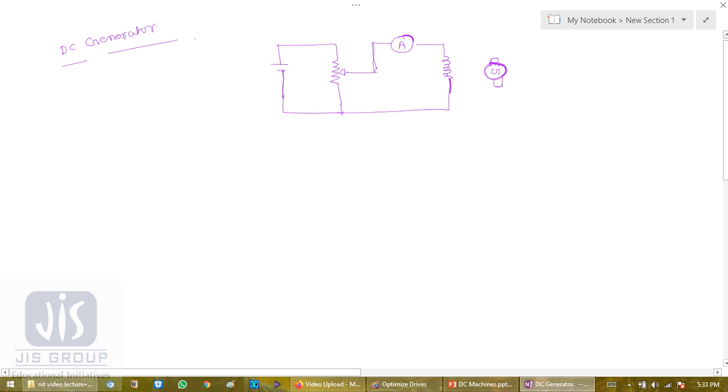Okay, so here I will connect a voltmeter which will measure the voltage.